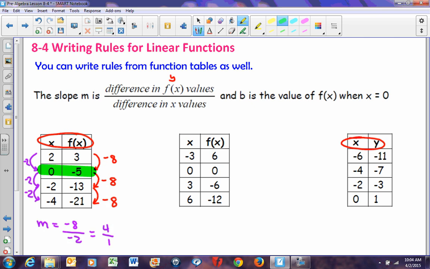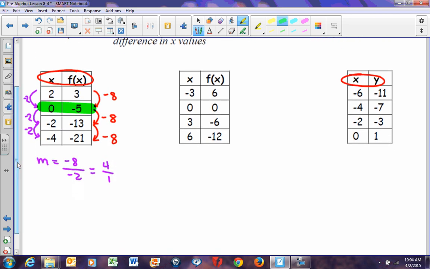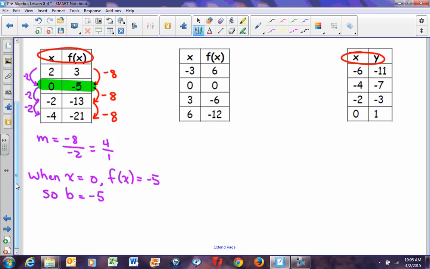Okay? So when x equals 0, f of x equals -5, so b is -5. So we put it in y equals mx plus b form, where we would have y equals 4x minus 5.